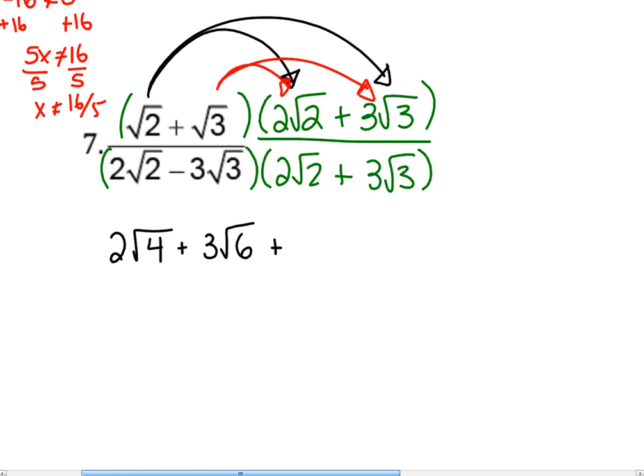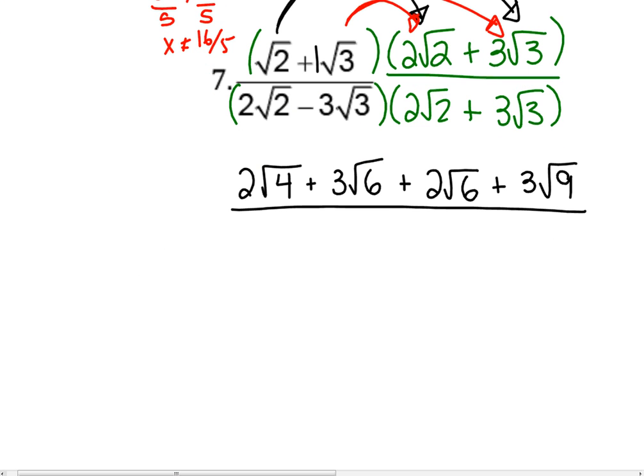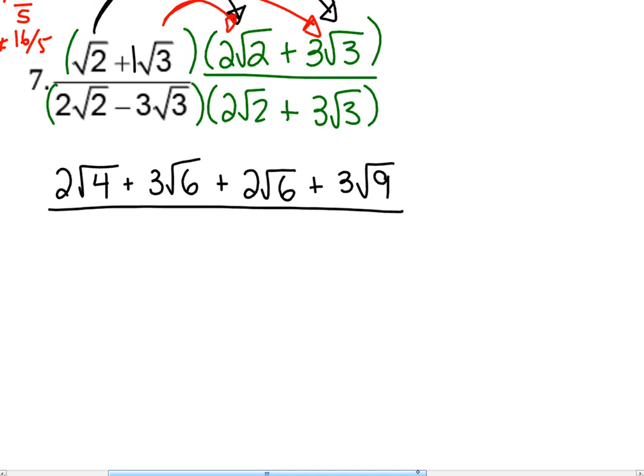Root 3 times 2 root 2. 2 root 6 plus, and this is a 1 root 3 times a 3 root 3. 3 root 9, all divided by, okay, so is the bottom a difference of squares?